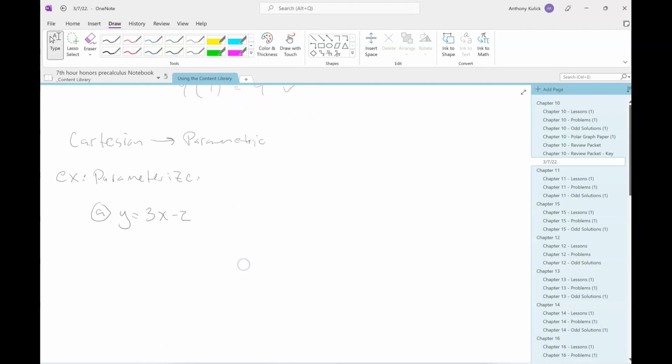So let's say we wanted to parameterize y equals 3x minus 2. Does this pass a vertical line test?